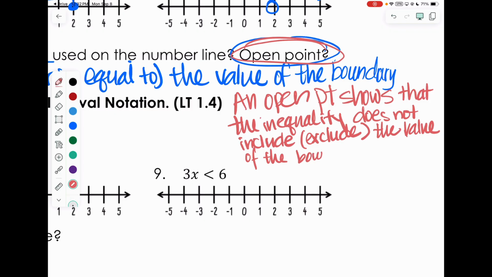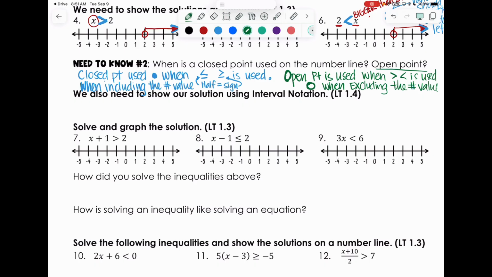Does that make sense now that I explained boundary? Yes or no? Yes. You guys, I really need you to be on it with me because your test scores were not very good. We also need to show our solution using interval notation. If you use less than or greater than, you're going to use parentheses.